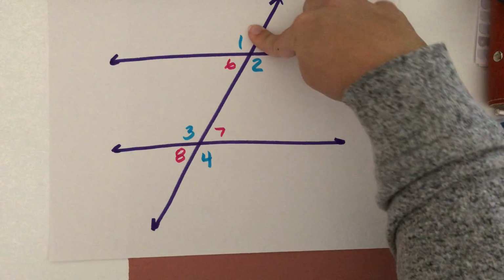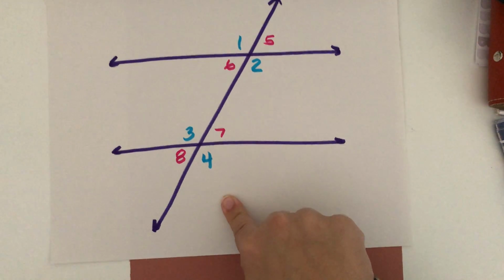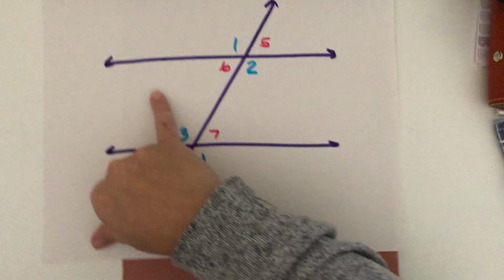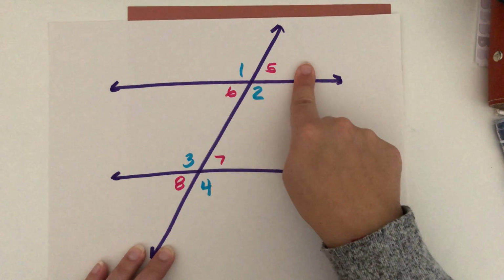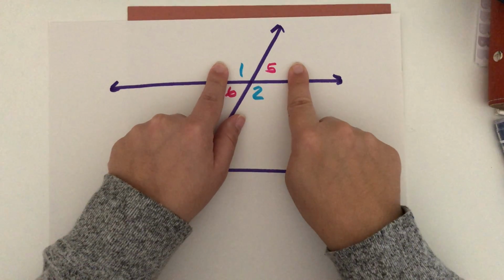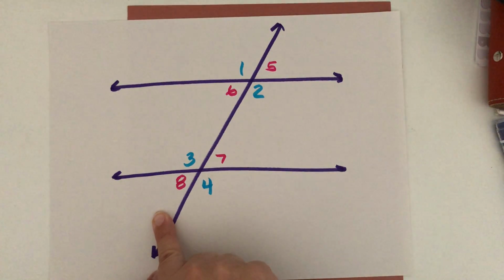So if you know 1, that means you know that 2, 3, and 4 are going to be the exact same measurement. And if you see here, 1 and 5 actually go on a line. So those 2 again are supplementary angles. So if this one's going to be 100, this one's going to be 80, and then you can figure out all the rest of these just by that information.